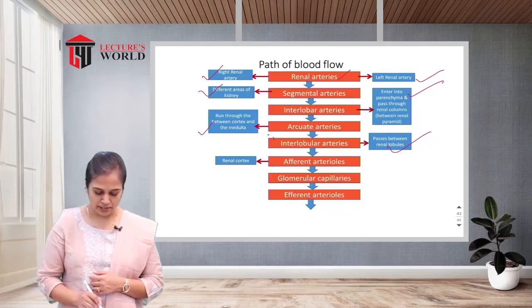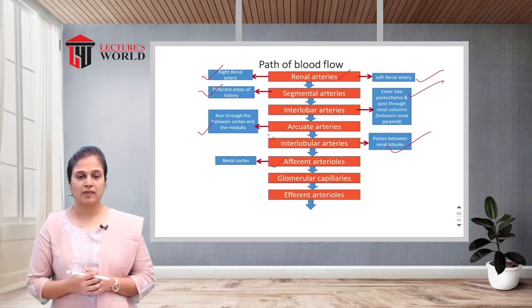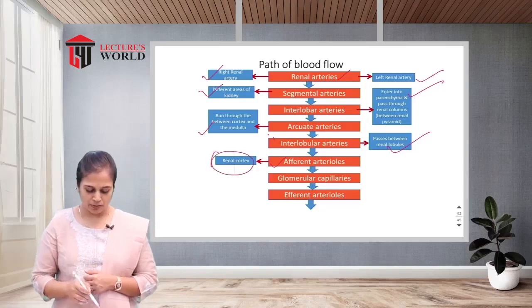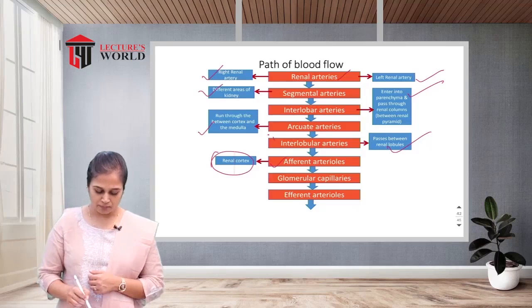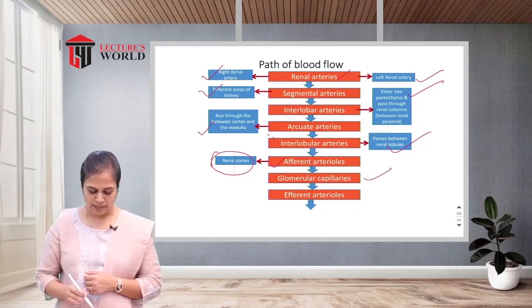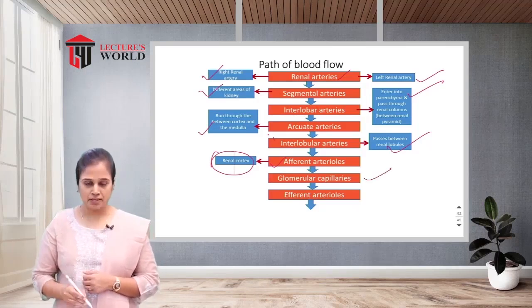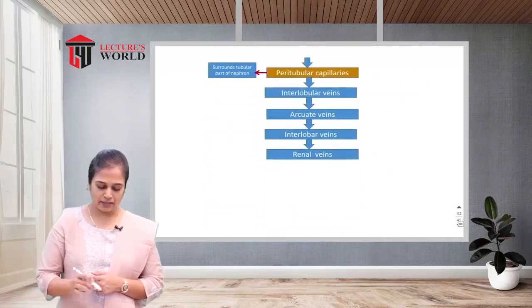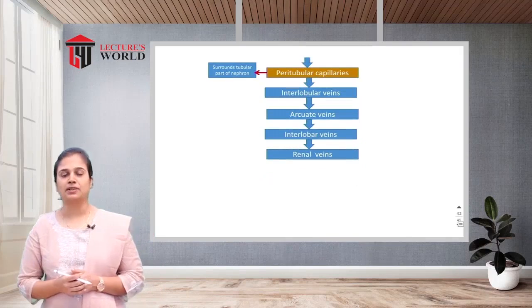it becomes the afferent arterioles, and this supplies the renal cortex. From the afferent arterioles, it becomes the glomerular capillaries. From the glomerular capillaries come the efferent arterioles, and then the peritubular capillaries.